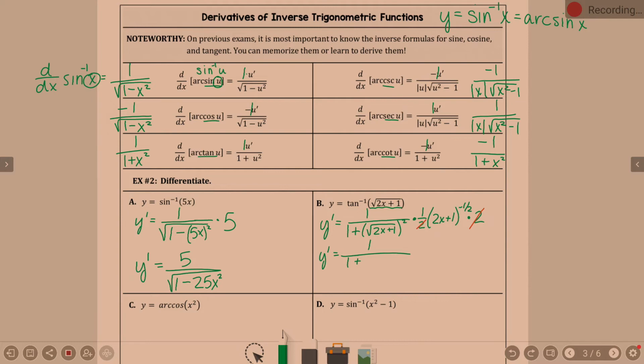Just 2x plus 1, right? Times, over here, my 2's canceled. What about 2x plus 1 to the negative 1/2? It's 1 over square root of 2x plus 1. Okay?